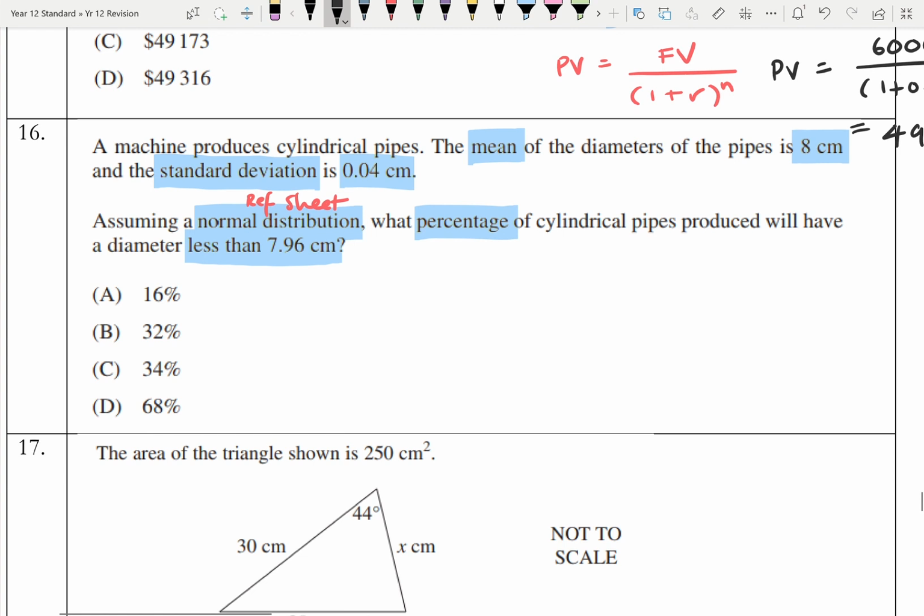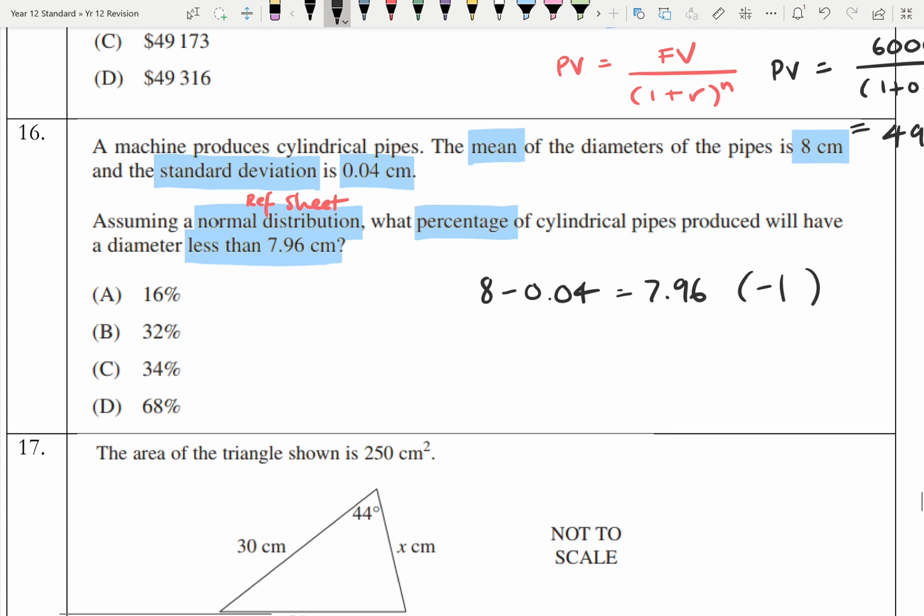But because we looked at our normal distribution on the reference sheet, you know that you're always going to be starting with your mean, in this case 8 centimeters, and we're going to be either adding or taking away standard deviations. So to get from 8 centimeters to 7.96, it's less, so you're going to take off 0.04 centimeters. Okay, so that's 7.96, and that is -1 standard deviation.